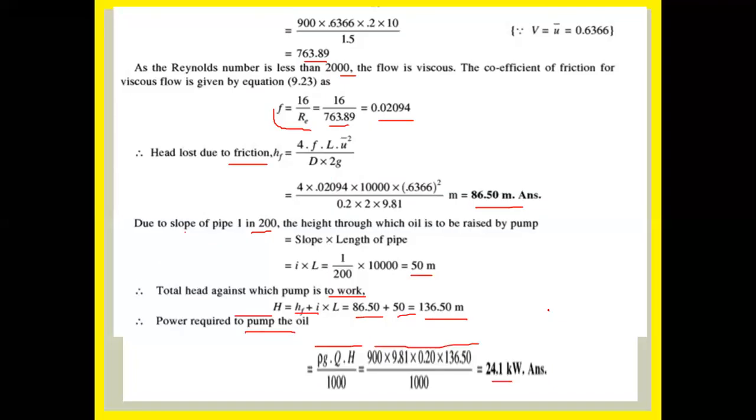Whenever you are getting the coefficient of friction as well as head loss, you have to do the problems in this way. Any doubts up to here?